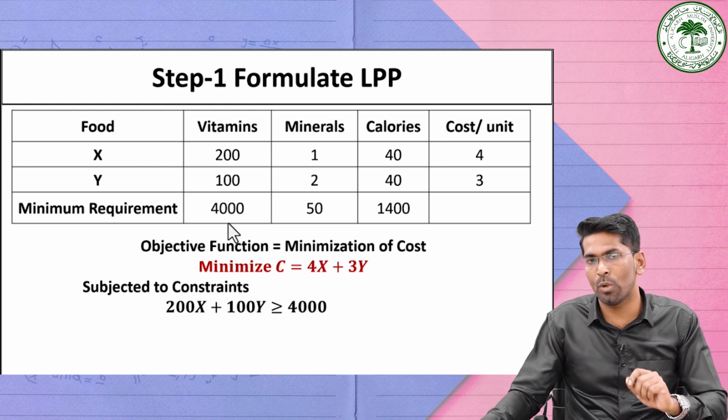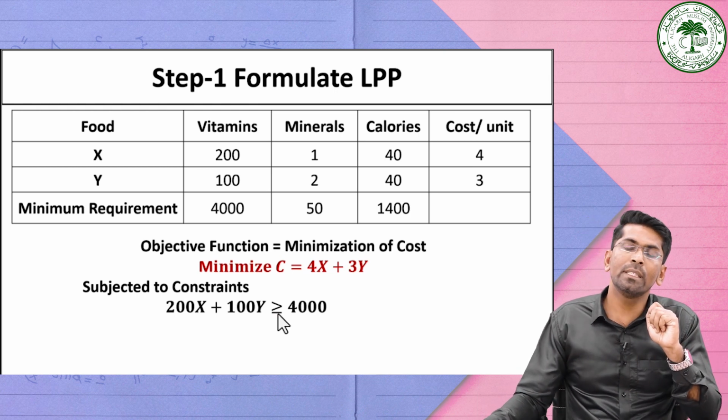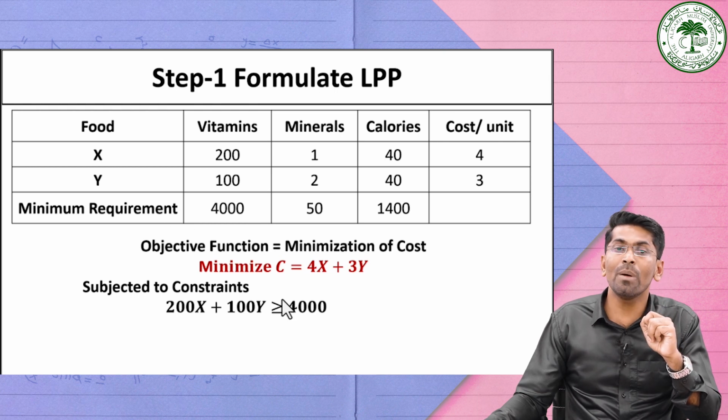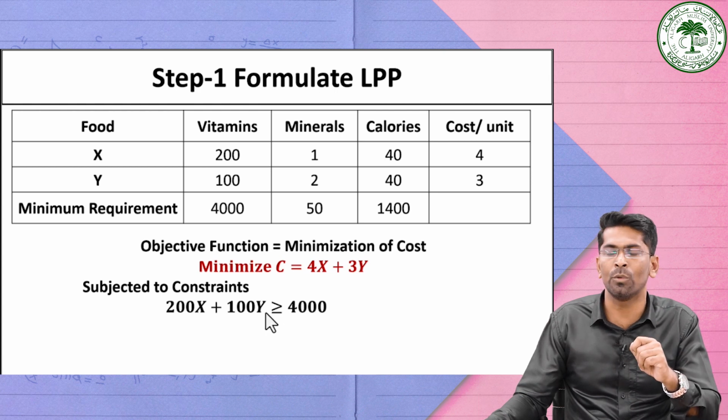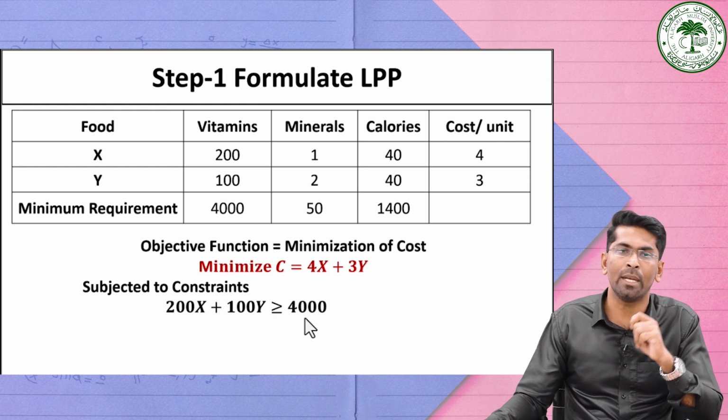This is one of the most important points: it is greater than or equal to. In the previous example, we said it was less than or equal to because the maximum available resources were given. Here a minimum requirement is given, so it is 4000 or greater than 4000. So we use the symbol greater than or equal to 4000 vitamins.